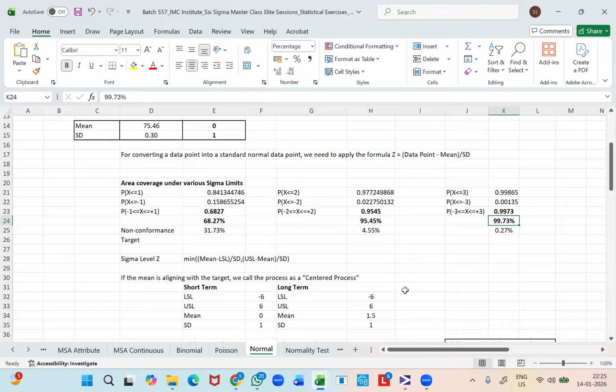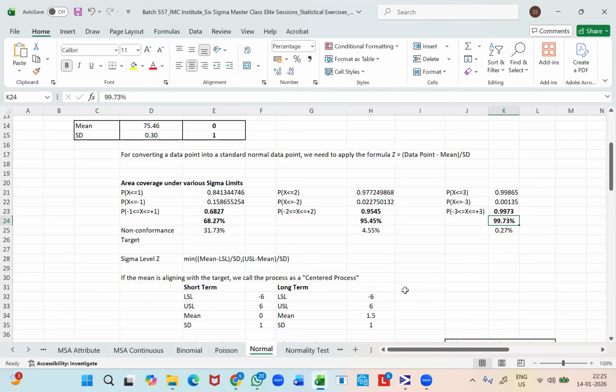But for now, just understand that if the adherence to customer specification is to the extent of 68.27%, then the process sigma level is only 1. If it is 95.45% adherence, process sigma level is 2. 99.73% adherence, process sigma level is 3.